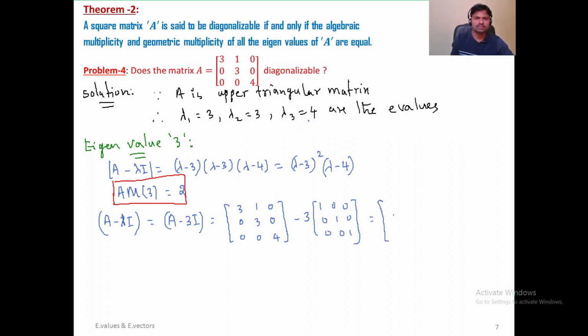The new matrix is 0 1 0, 0 0 0, and 0 0 4 minus 3, which is 1.